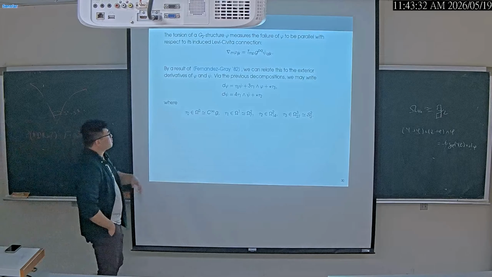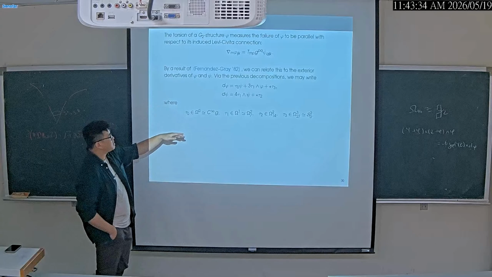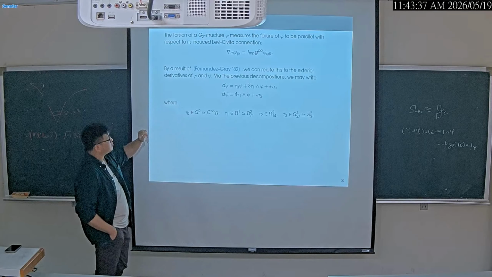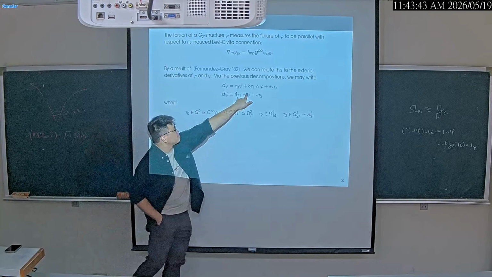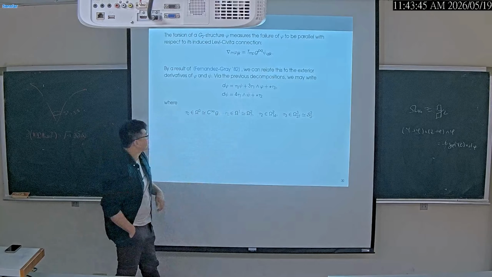Okay. So we have four torsion forms using a decomposition. d phi is a 4-form, so we have a decomposition there. d psi is a 5-form, and you get these things. It turns out that these two are exactly the same form.